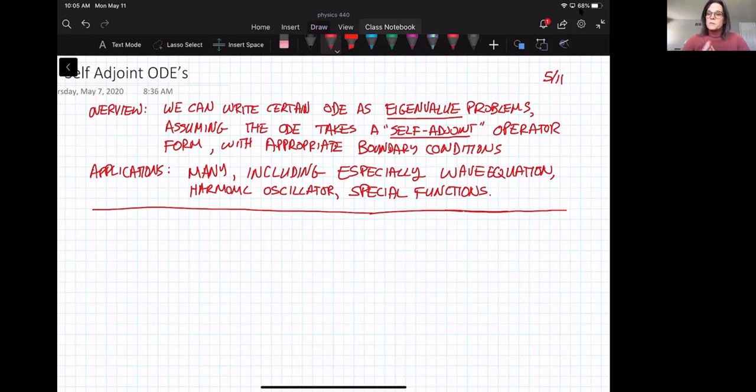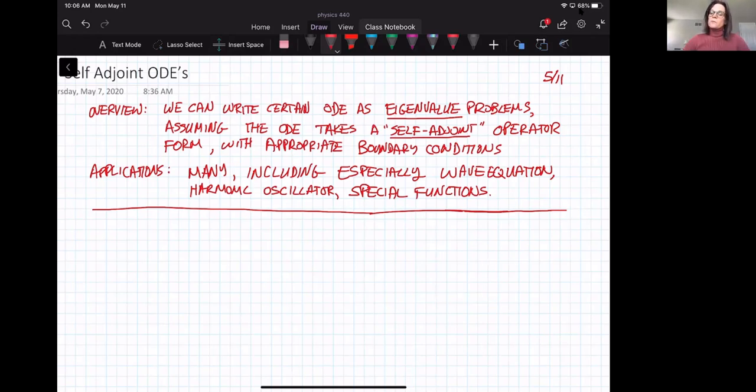This sometimes comes under the rubric, I think your textbook calls it the Sturm-Liouville theorem. The basic idea, again trying to be creatively lazy, is that we're going to take a differential equation and recast it as an eigenvalue problem.